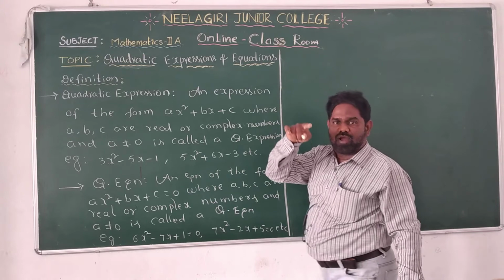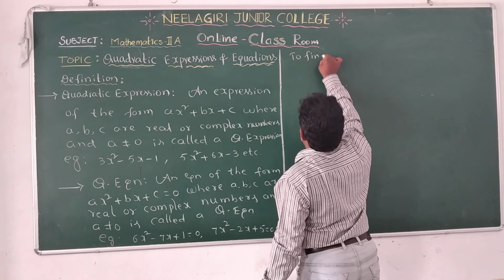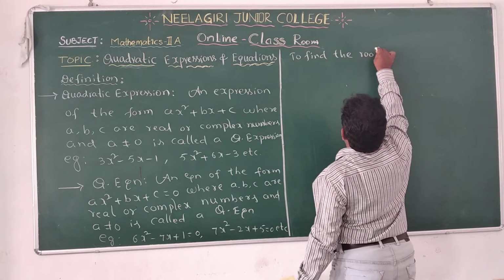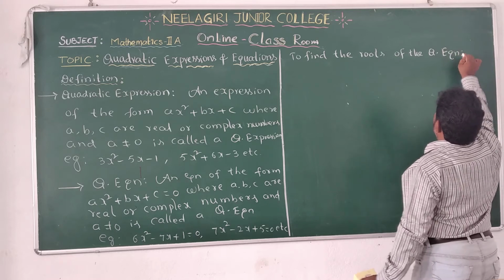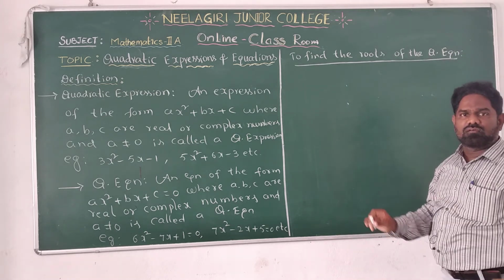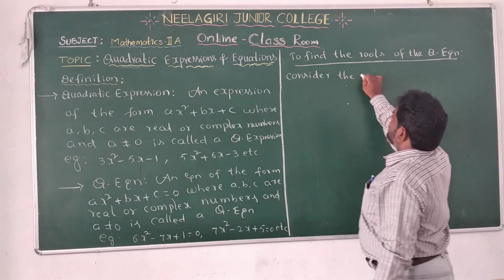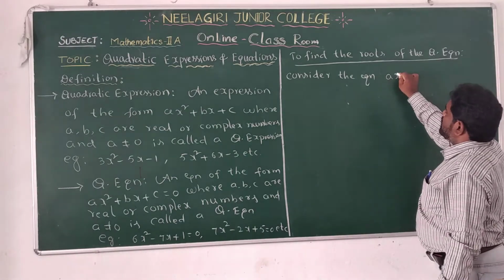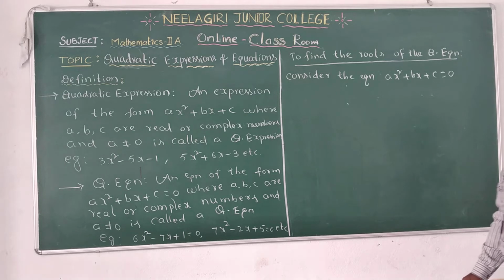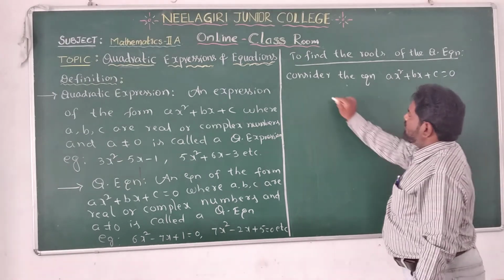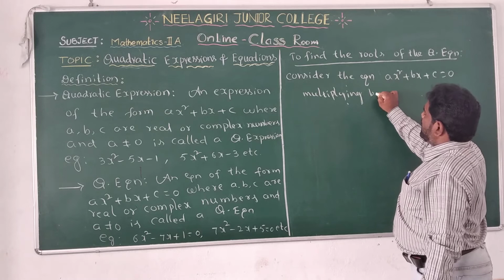To find the roots, we consider the equation ax square plus bx plus c equal to 0, and multiply both sides by 4a.